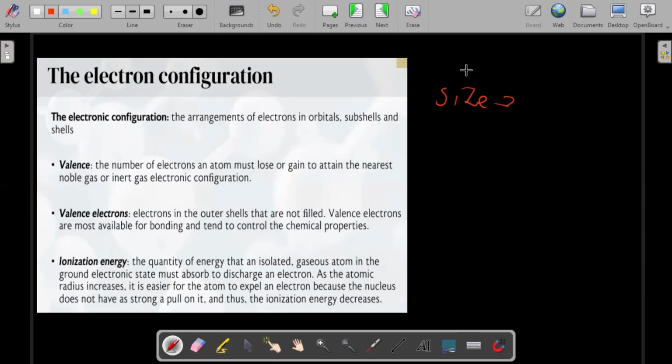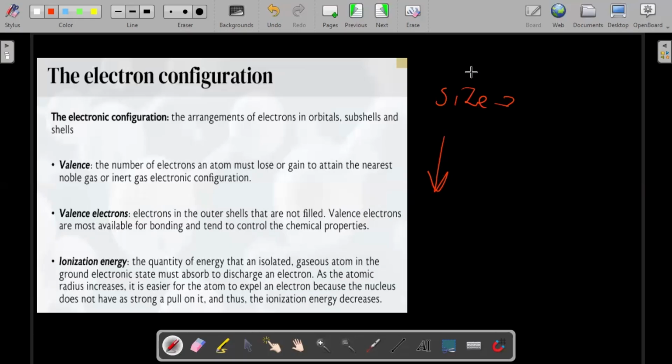If we follow the trend in the periodic table in terms of the radius of atoms, as you go down the group, the radius of atoms usually increases, while the ionization energy decreases.